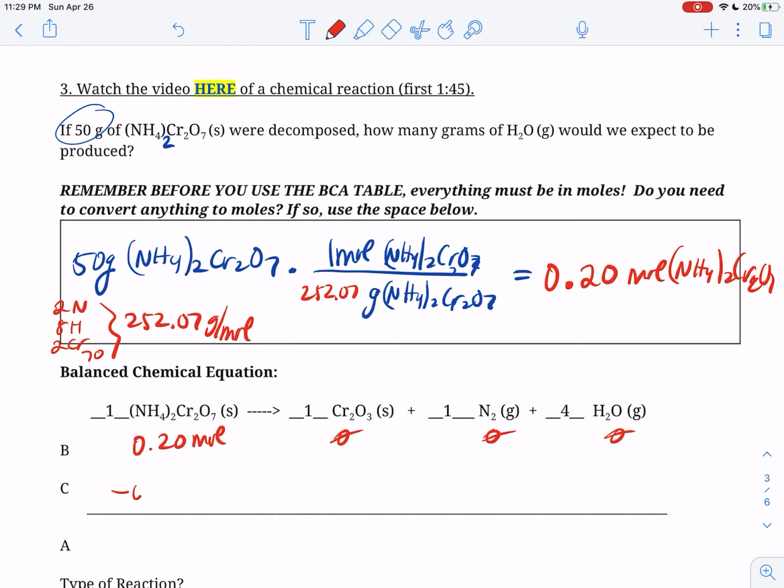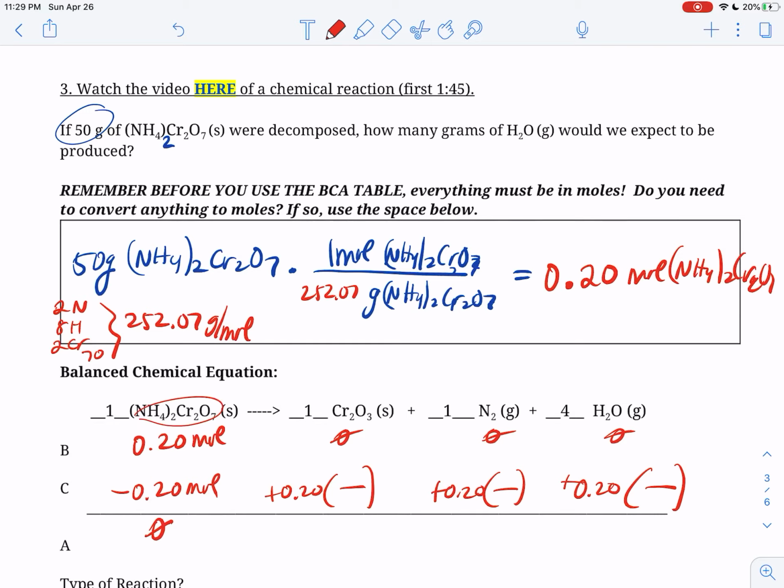I'm going to start here with 0.2 and use that as my base for everything else. The reactant is the given, so that's going to have a 1 on the bottom, and that's going to be a 1, and a 4.